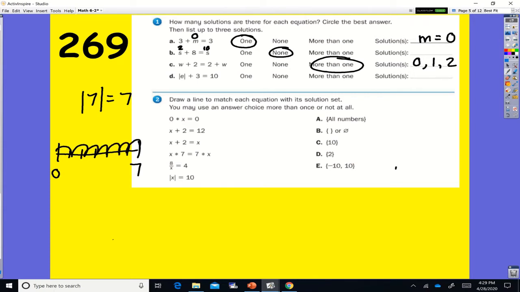It's 7 away. Same thing if I'm doing a negative 7: 1, 2, 3, 4, 5, 6, 7. So the absolute value of negative 7 still equals 7. So we're going to have more than one, but our solutions can only be negative 7 and 7, because both of those equal 7 with absolute value bars. And we've talked a lot about that this year.